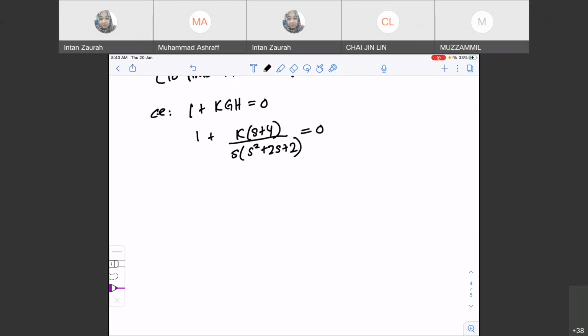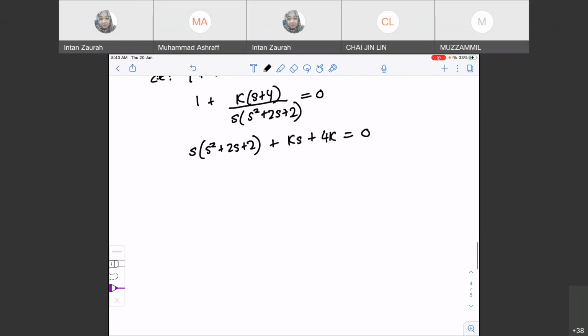If I expand this, cross multiply, it becomes s squared plus 2s plus 2 plus ks plus 4k, isn't it, equals to 0. And the denominator disappeared. Why? Because if I bring this denominator to the other side, it will multiply with 0, so that's gone. Okay, so this one will become s cubed plus 2s squared plus 2s plus ks plus 4k equals to 0.